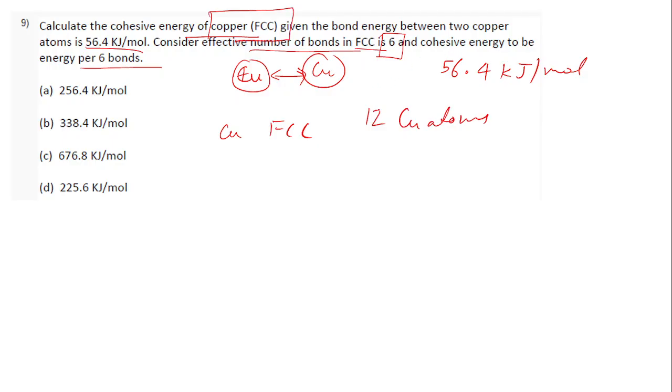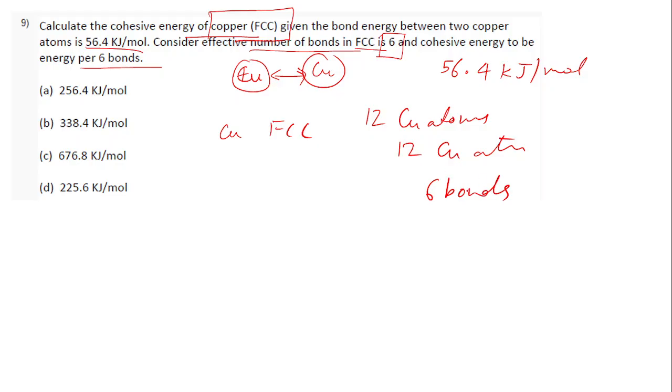Now, as we see, between two coppers one bond is there. That means if we have 12 copper atoms, then we will have 6 bonds between them.